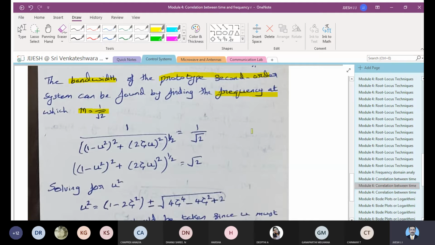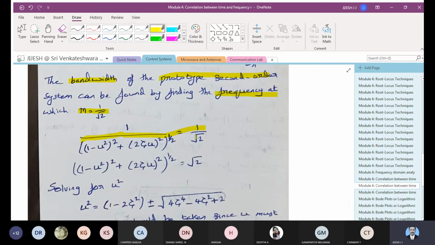So this equation is known to you. We are just equating M to 1 by root 2.